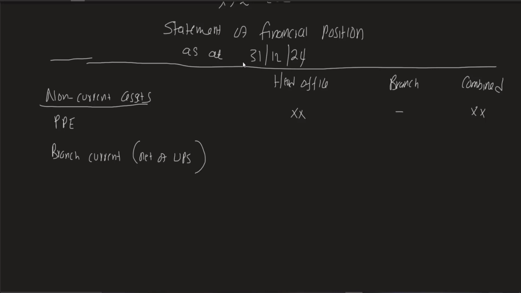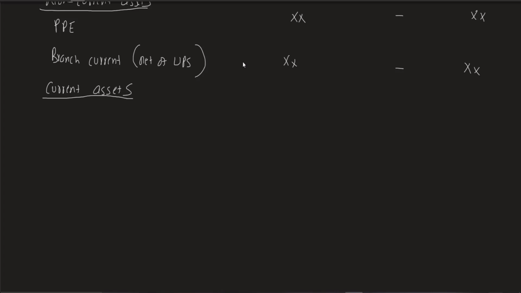It will not appear in the branch but in the head office. Next we have the current assets. For the current assets, we get the inventory, for the head office, for the branch, and we add the two to get the combined. We have receivables.